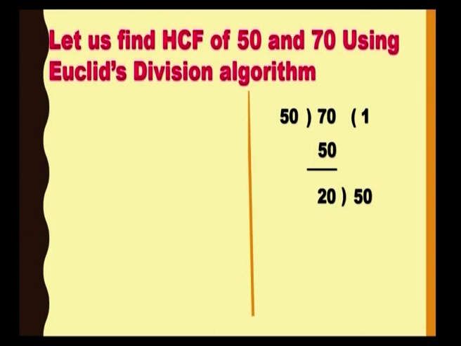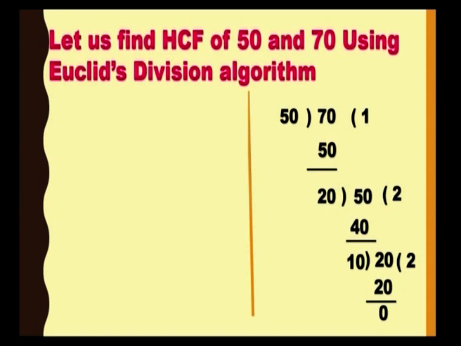So 20 divided into 50, 20 twos are 40, 10 is the remainder. Now again the remainder 10 changes to divisor and 20 becomes the dividend. So 10 twos are 20, I am getting 0 as the remainder.